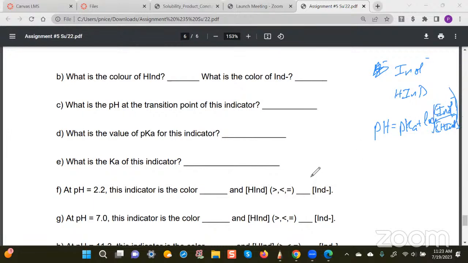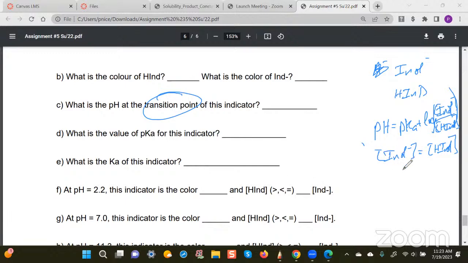So that's one thing. And then the other thing that you have to remember is that at the transition point, the concentration of In- will be equal to the concentration of HIn. Right? Because that's halfway between where you go from the acid to the conjugate base or vice versa, right?